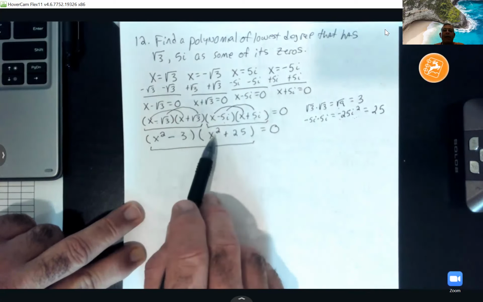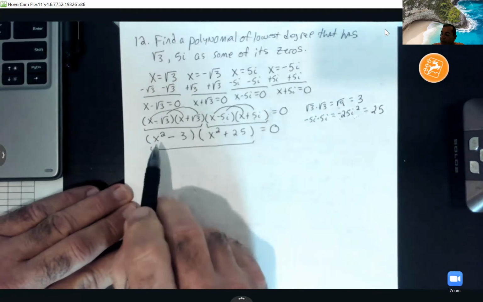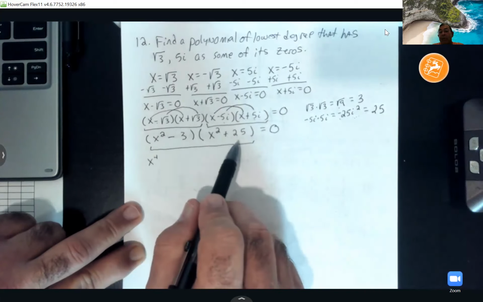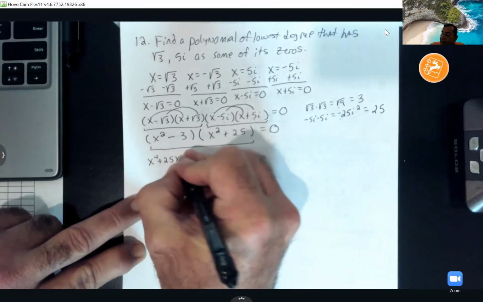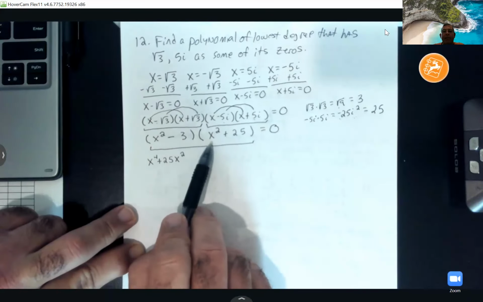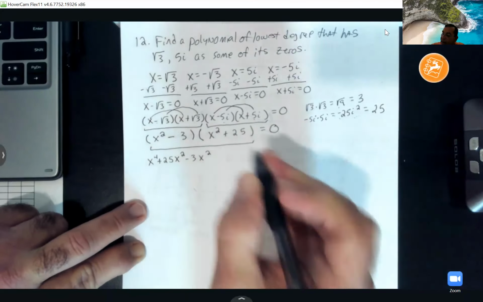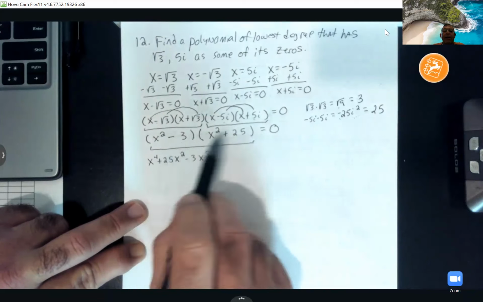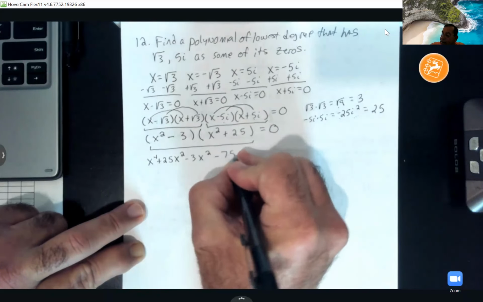So the x squared times x squared gives us x to the 4th. X squared times 25 is a 25x squared. Negative 3 times x squared is a negative 3x squared. And y'all, finally, the negative 3 times 25 is a negative 75.